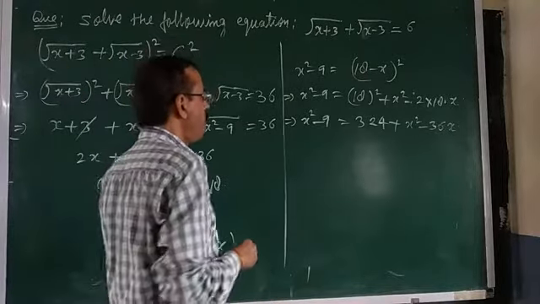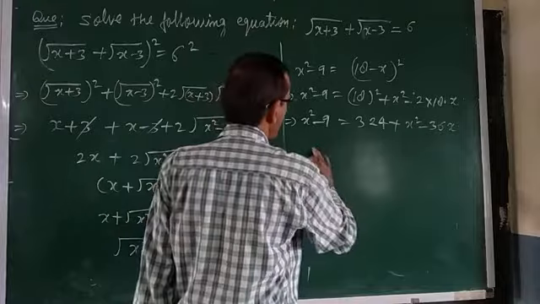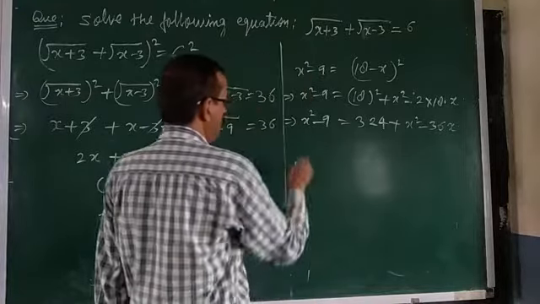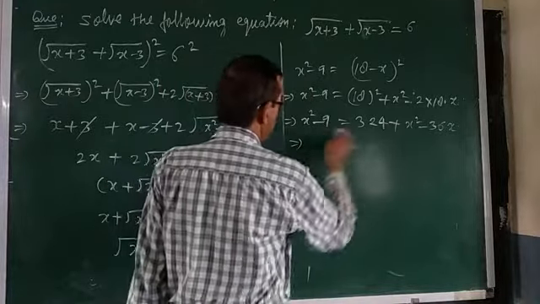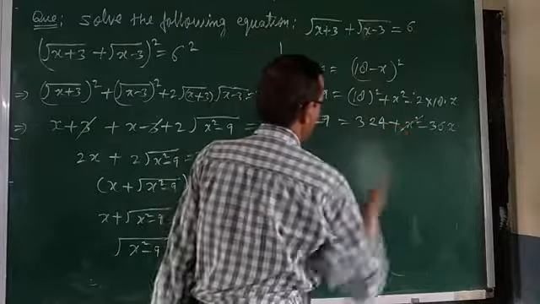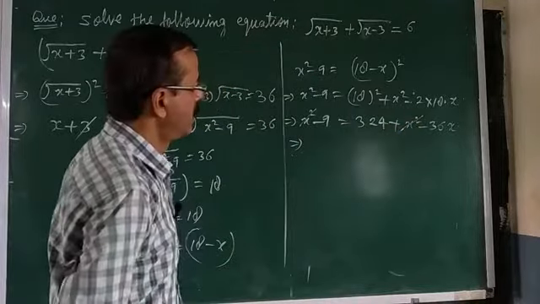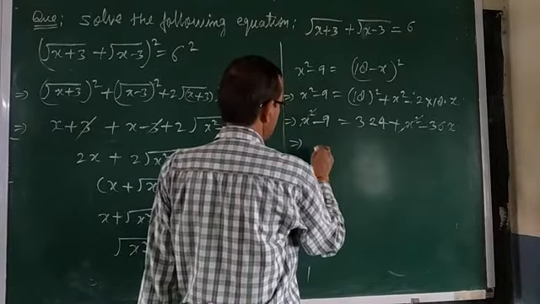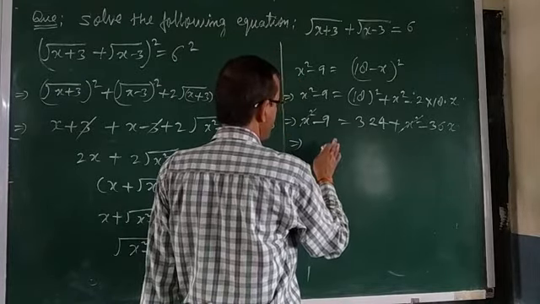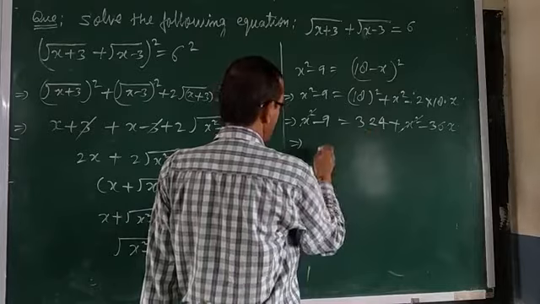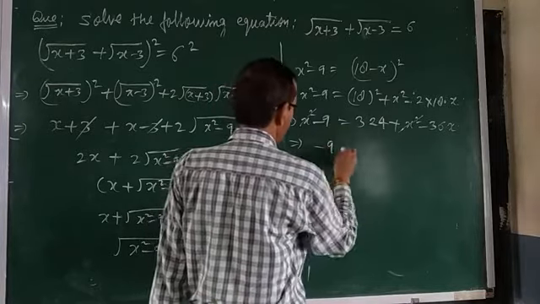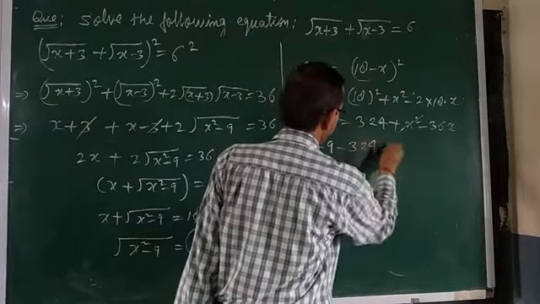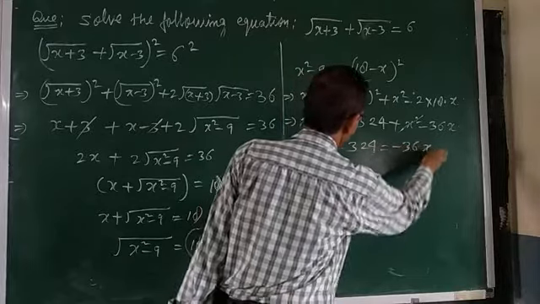Now this x square having the same sign will be cancelled. This 9 we have to transpose to that side. So minus 9 minus 324 is equal to minus 36x.